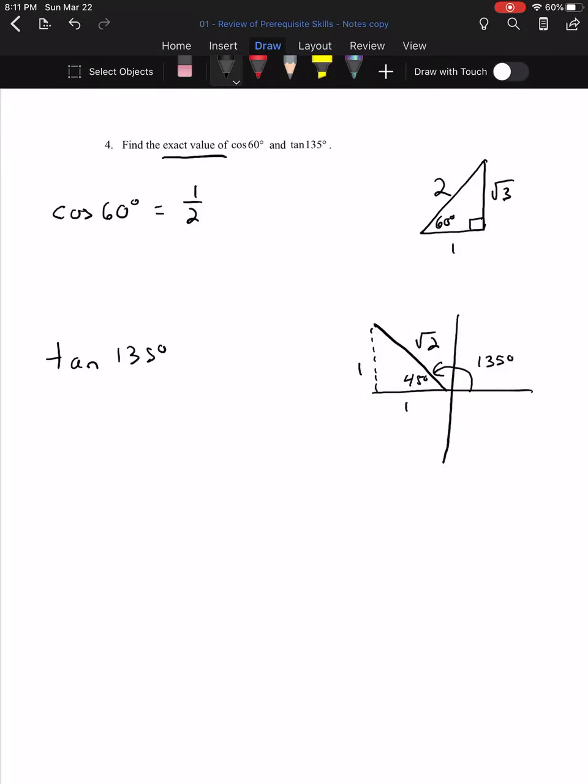And so for tan 135, I go opposite over adjacent, which would be 1 over 1, which is 1. But one little thing, because it's changed quadrant on me, I have to check to see if the positive negative part has changed. And it has here. It's in a sine positive quadrant, so tan 135 is -1. Now you can check that in your calculator, but you really have to know how to show this work.